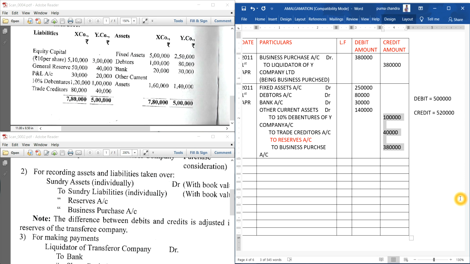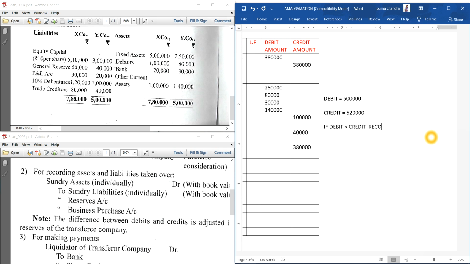If credit is more than debit, then reserve should be recorded on the debit side. I will show here. If debit is more than credit, record reserve on the credit side.